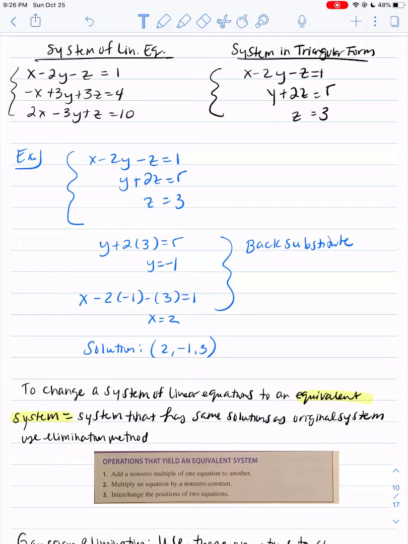Then I back substitute my z and my y into my first equation, so x minus 2 times negative 1 minus 3 equals 1, and x equals 2. So my solution is 2, negative 1, 3, and you can plug those back in and see that they satisfy the system.